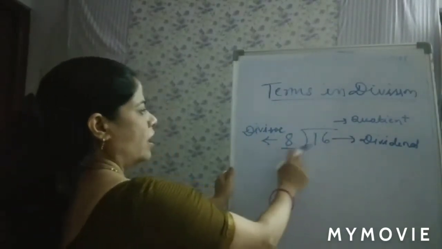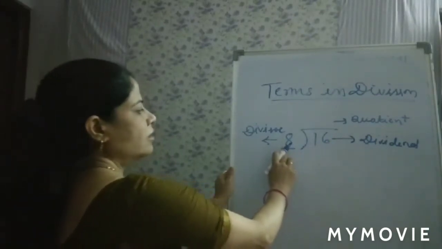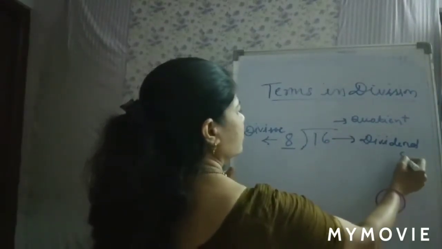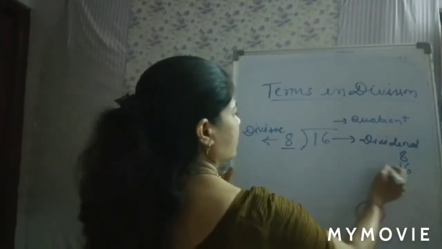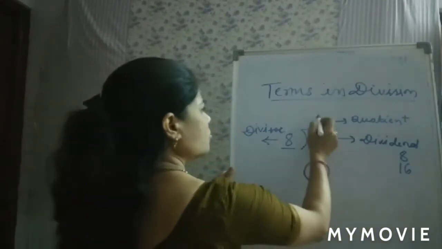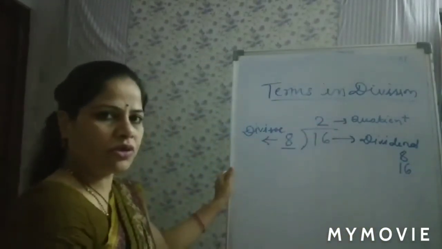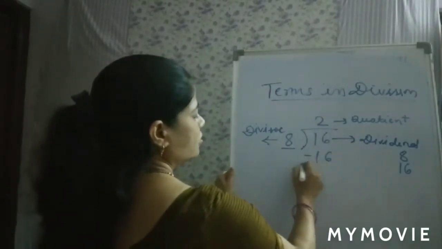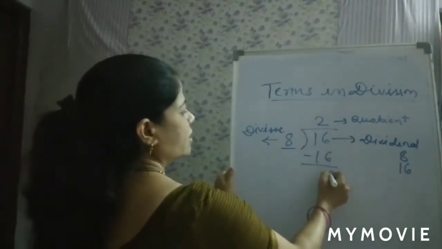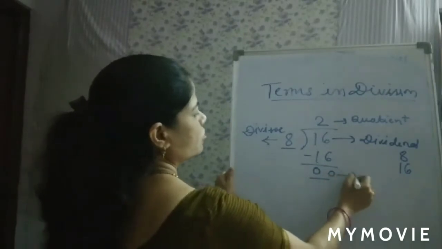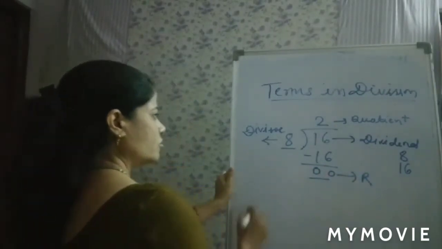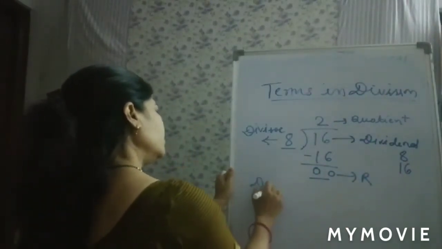So what you have to do, you have to write the table of 8. 8 ones are 8, 8 twos are 16. 2 times you are getting 16, so as quotient you have to write 2, and 16 you have to write downside. 6 minus 6 is 0, 1 minus 1 is 0, so the remainder is 0. So what are you getting?